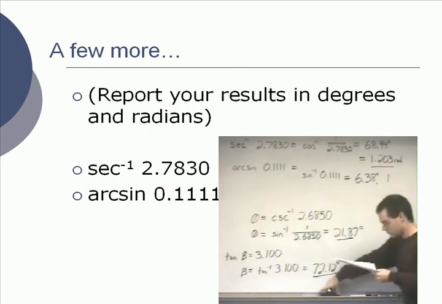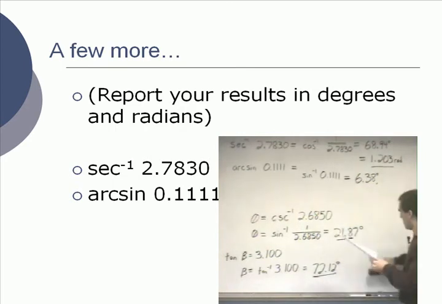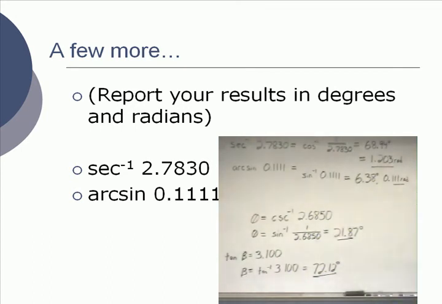What'd you get for radians? 0.111 radians. Pure coincidence. I had that too, and I started to doubt myself. I thought, boy, did I just miss something? But it's coincidence.